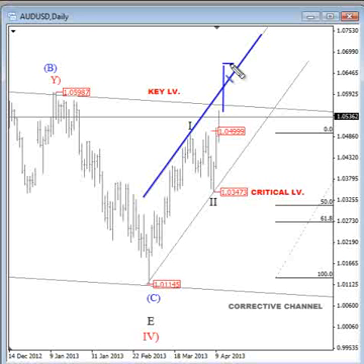Okay, so this is then an important breakout for wave 3 price action in the middle of a larger impulsive 5-wave advance.